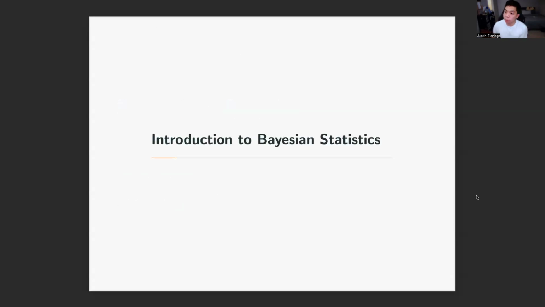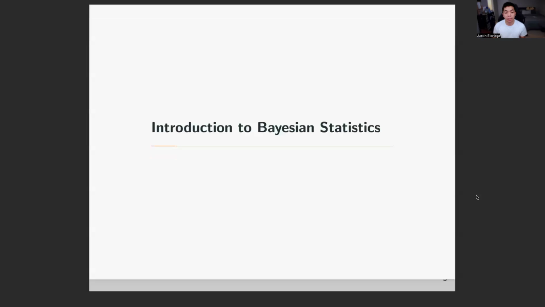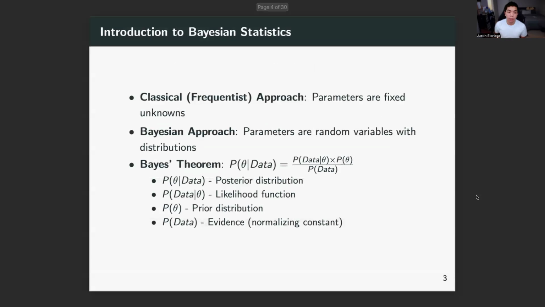Let's begin with a quick recap on the Bayesian statistics we've discussed in past meetings. As we mentioned, there's a debate on the difference between the frequentist approach and the Bayesian approach. In the classical or frequentist approach, we typically estimate parameters that are fixed unknowns.